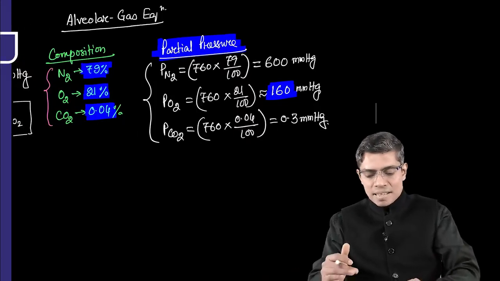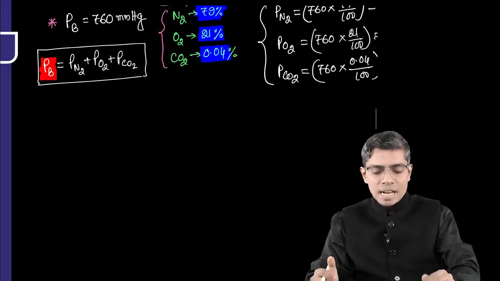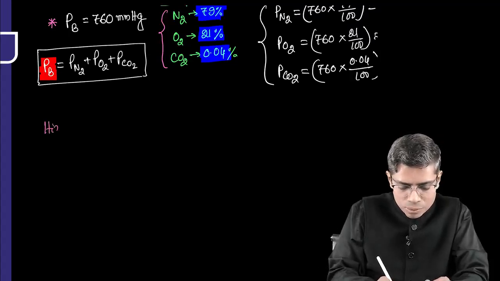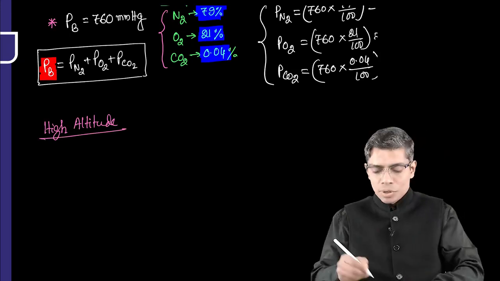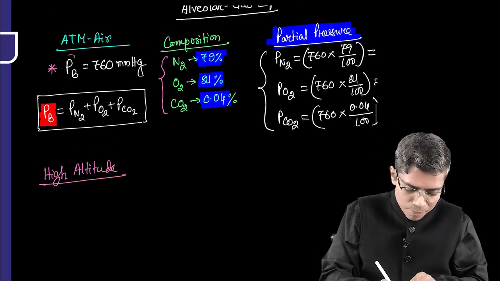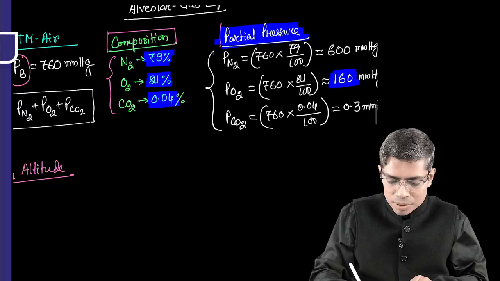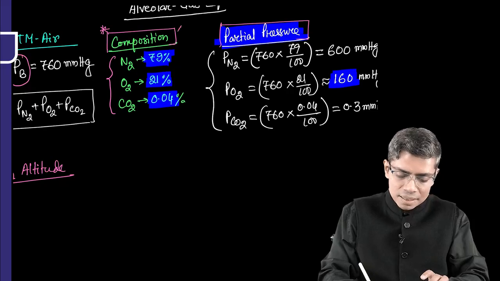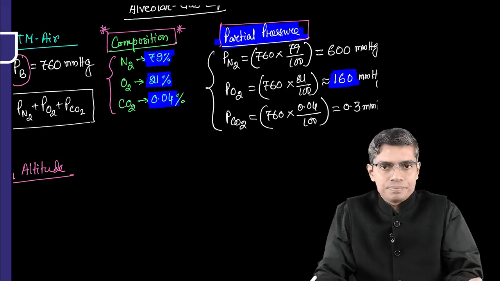Now when you ascend to a high altitude condition, we'll be reading high altitude in a separate topic, but for the time being remember: whenever you ascend to a high altitude region, which parameter will change? The barometric pressure, the composition, or the partial pressure? Remember, the composition of air remains fixed irrespective of your altitude.